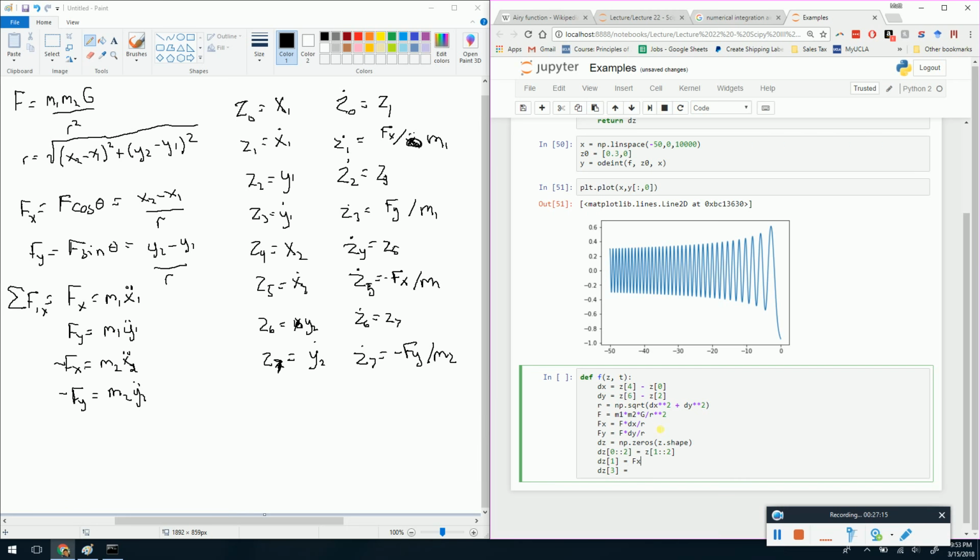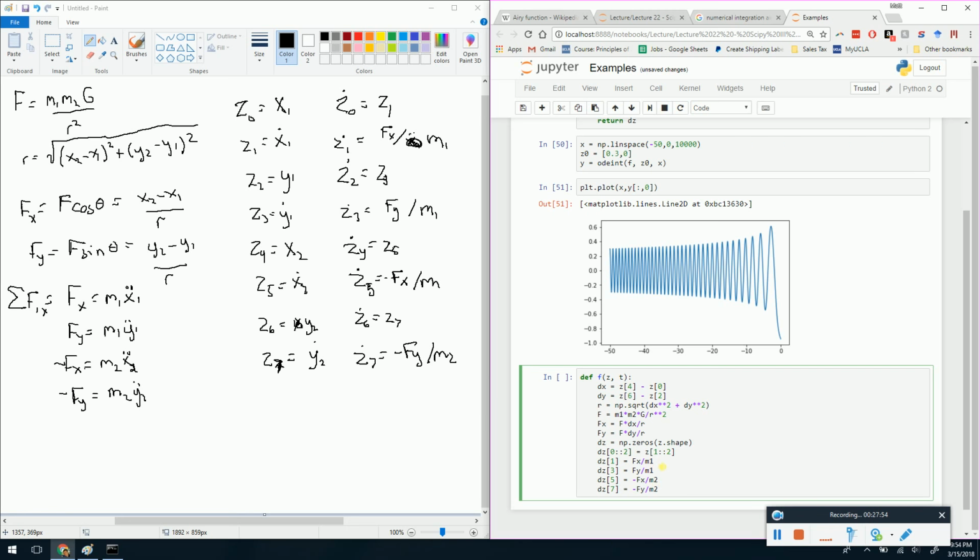Oh, this has to be over m, right? m1. dz element 3 is fy over m1. dz element 5 is negative fx over m2, and finally dz element 7 is equal to negative fy over m3. All right. So m2, excuse me. Silly.